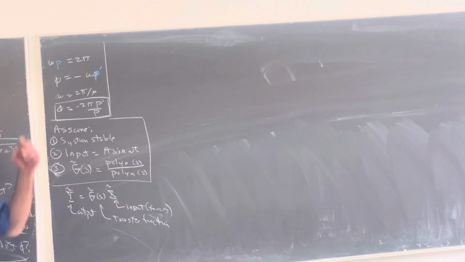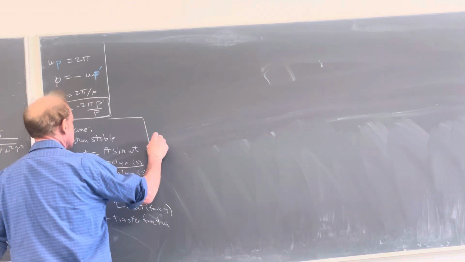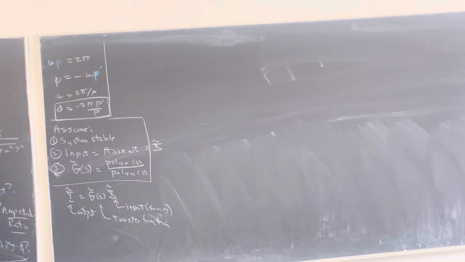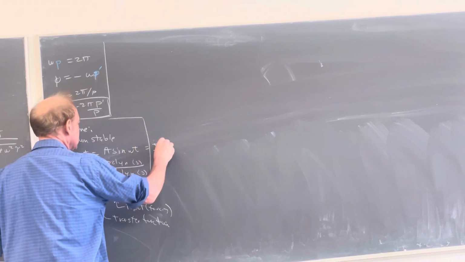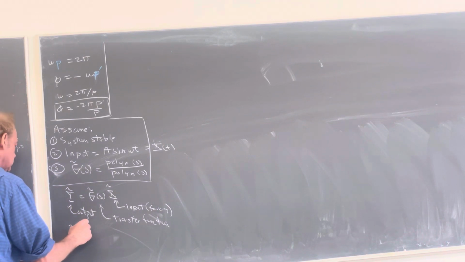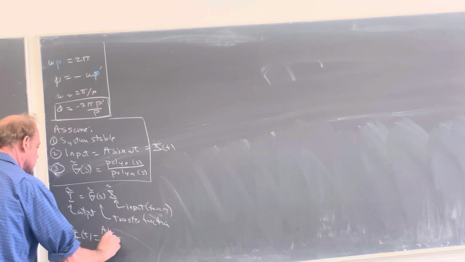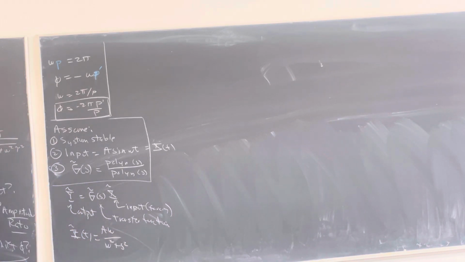Well, we know that x by hypothesis is a sine omega t. Well, actually, that's x of t. So x tilde of s, we know, is a omega over omega squared plus s squared, because we just looked that up before, when half the class hadn't arrived yet, because it was only a quarter after.